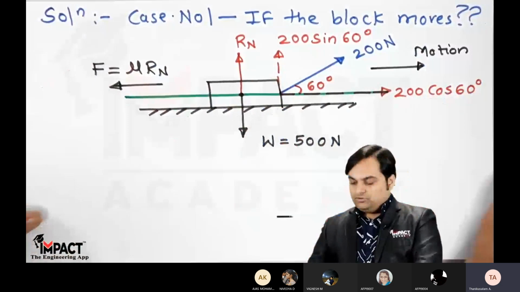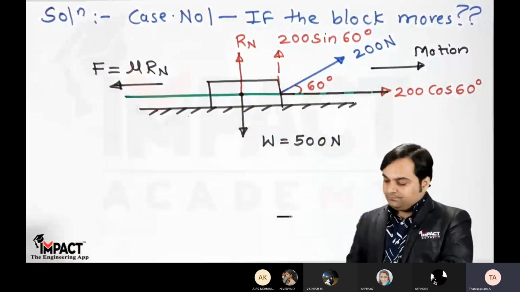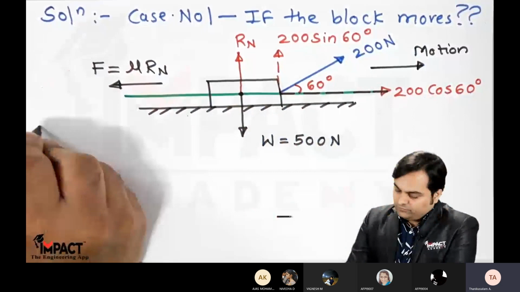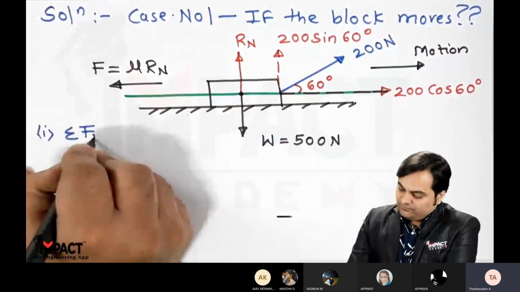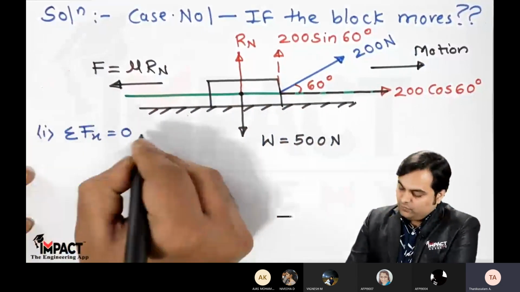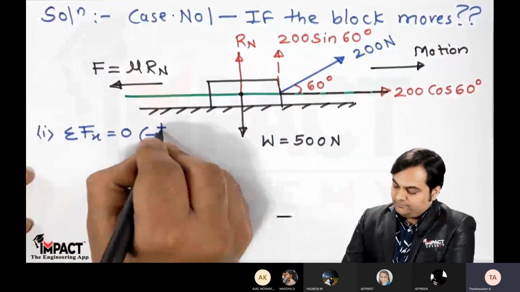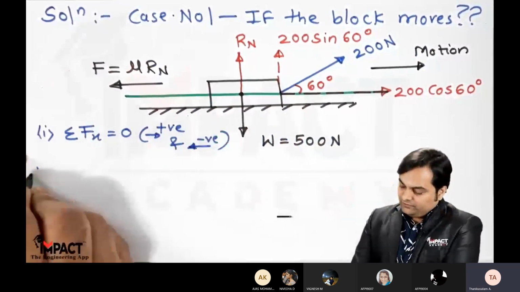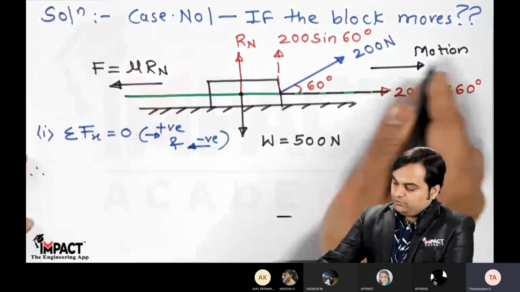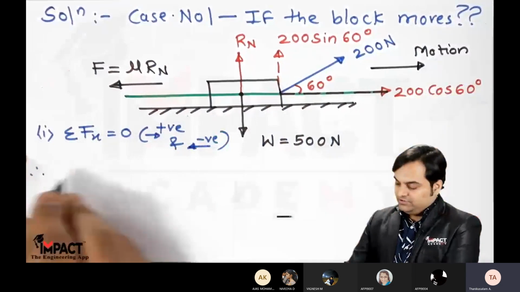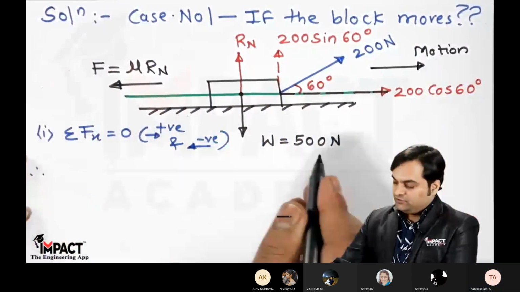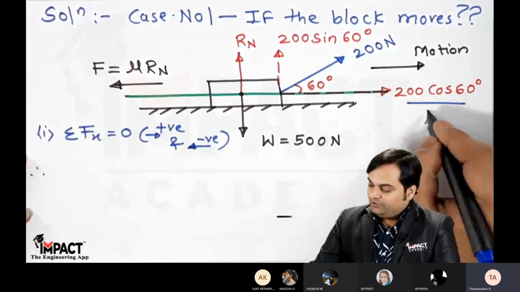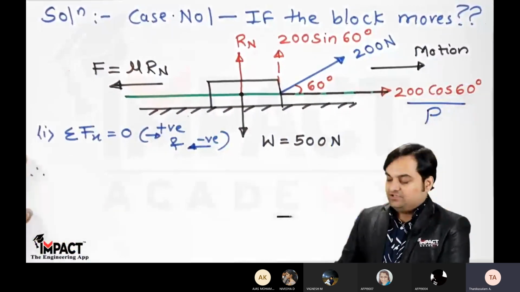So here I am going to use the conditions of equilibrium. The first condition is summation of Fx equal to 0, where rightward forces are taken as positive and leftward forces are treated as negative. I'm going to find the value of 200 cos 60, the force causing the motion, and denote it by P, which is the applied effort.